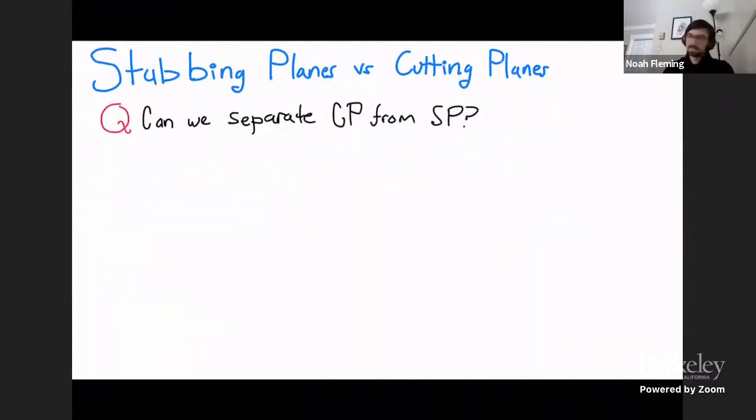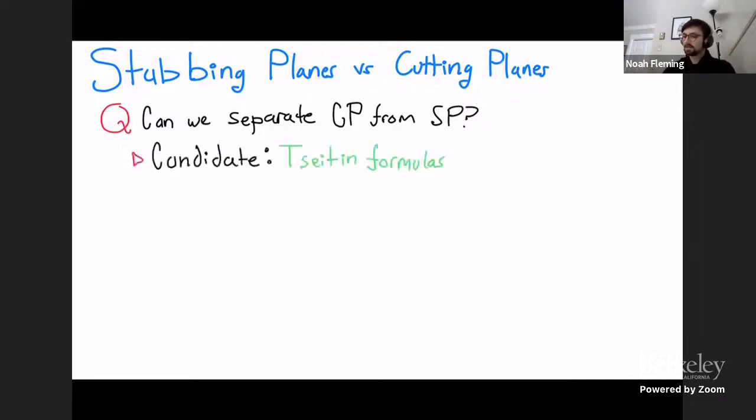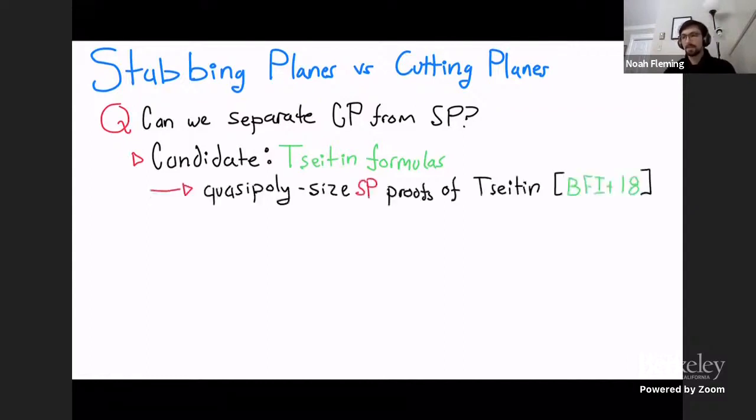Okay, so yeah, this raises a natural question. Can we separate the power of cutting planes from stabbing planes? Can we show that stabbing planes is significantly more powerful than cutting planes? So a natural candidate is the Tseitin formulas. These are the canonical system of mod 2 linear equations studied in proof complexity. On one hand, we showed that stabbing planes has quasi-polynomial size proofs of the Tseitin formulas.